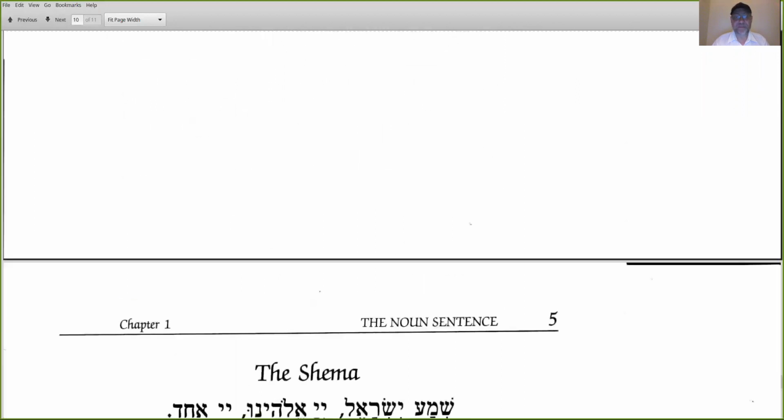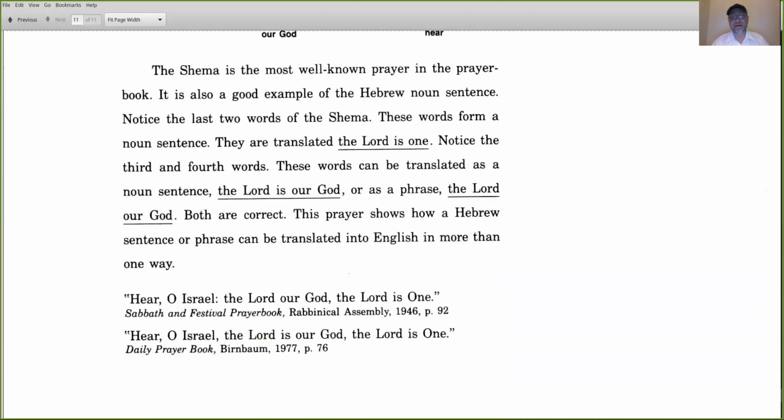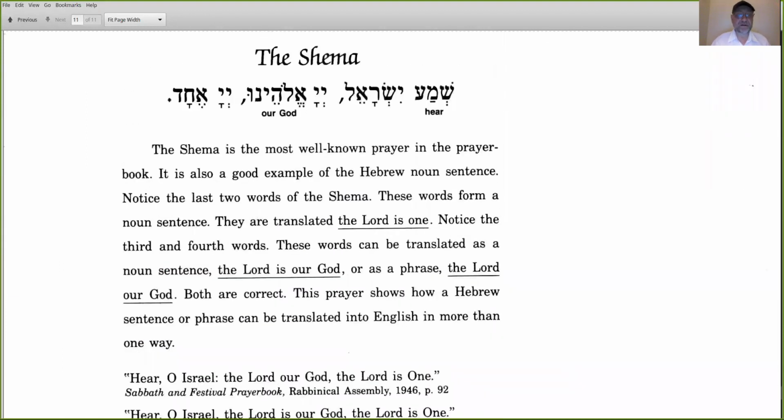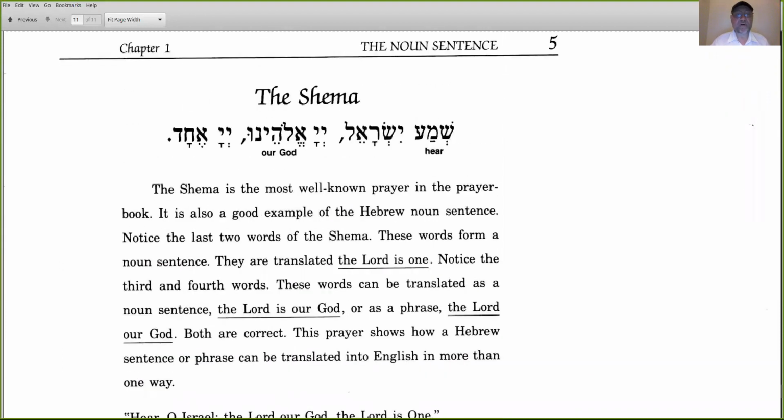Okay, very good. So let's look now at our example. This is our example for the prayer that they're giving us. It's called the Shema. So we have this Shema Yisrael. And remember, we're using the name for this, so I'm going to use Yehovah.